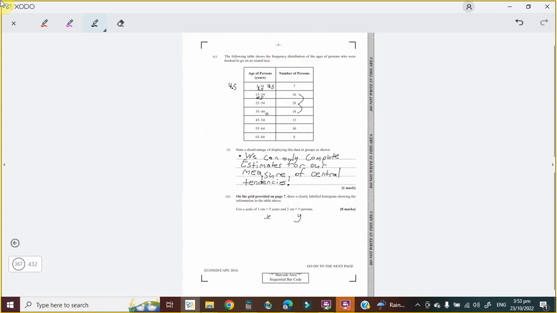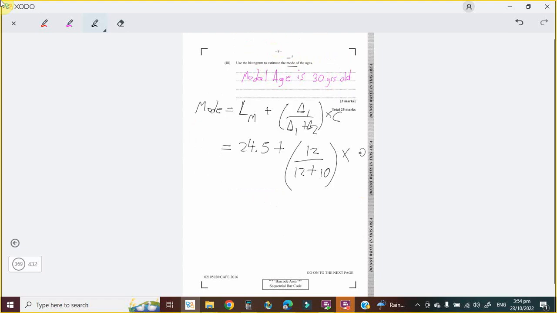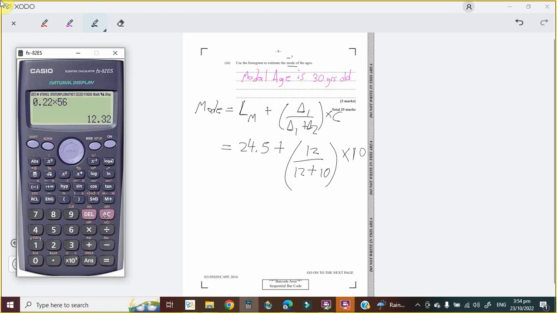The class size going from 25 to 34, that's 34.5 minus 24.5, that should be 10. So we're going to put that in the calculator. Let's see if it gives us 30 like the histogram. Get the same 30? Beautiful.